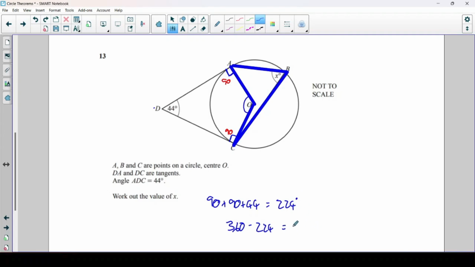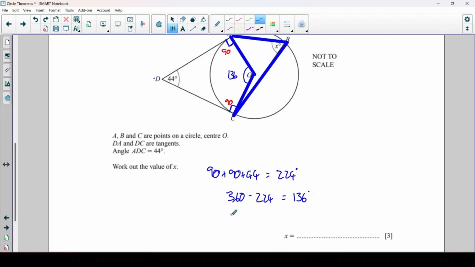Okay, that is 136 degrees if I'm not mistaken. So this one here is 136. And the angle at the centre is twice the angle at the circumference, so I'm now going to divide that by 2, which is 68 degrees. So x is 68.